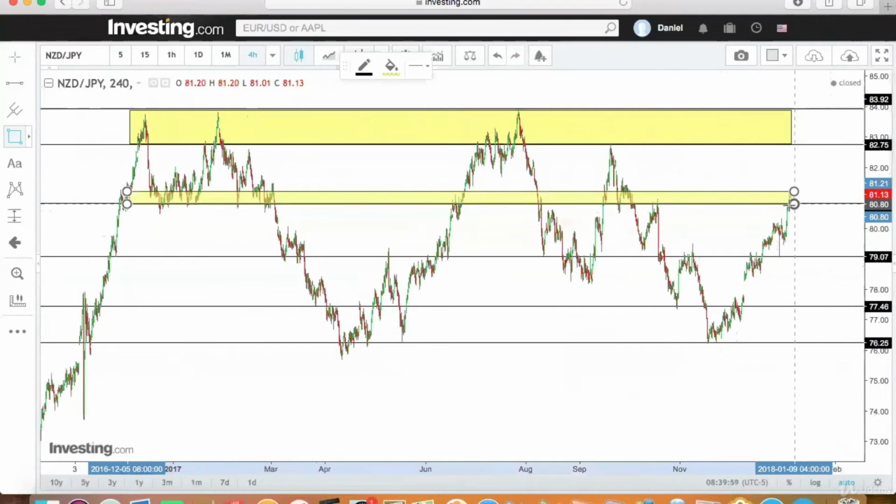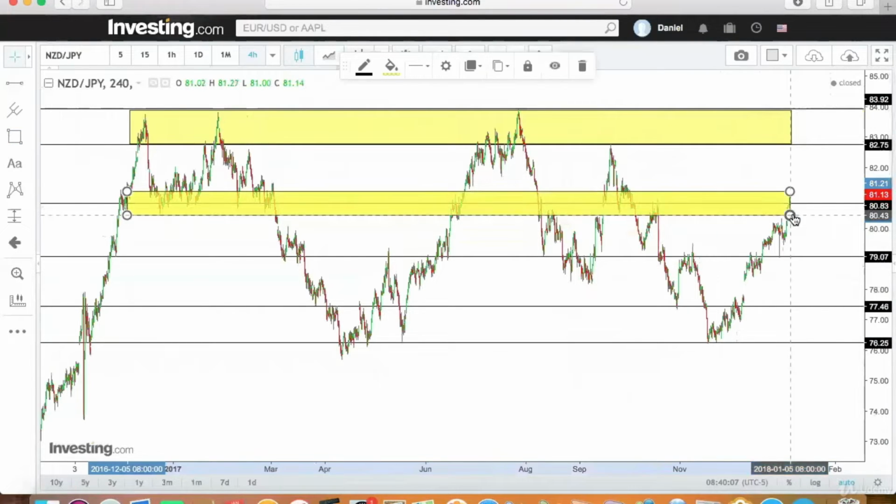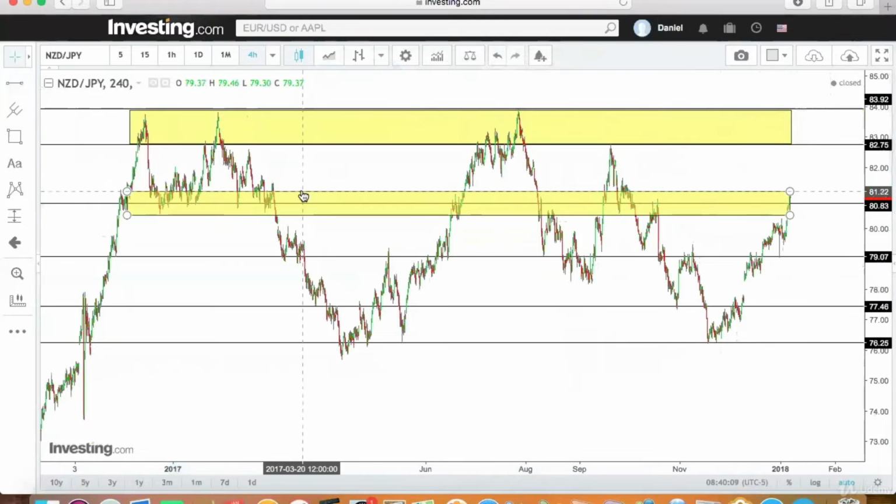And you want to drag this across, you line it up with the candles to the downside, and you set that on your chart.